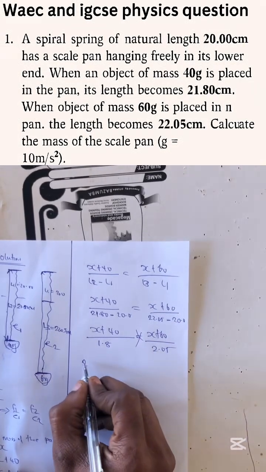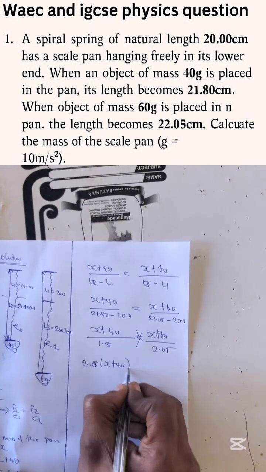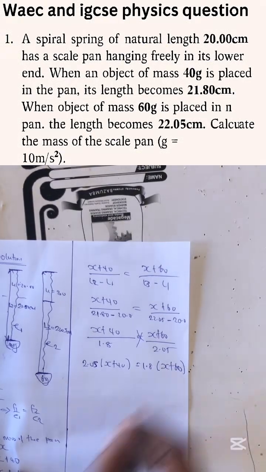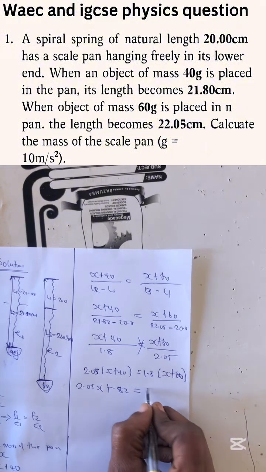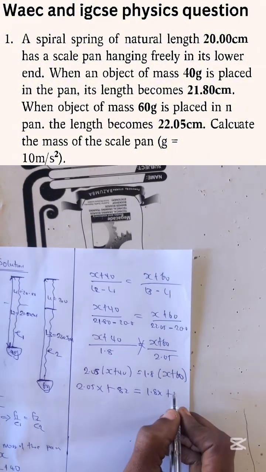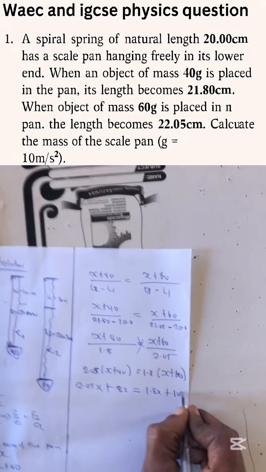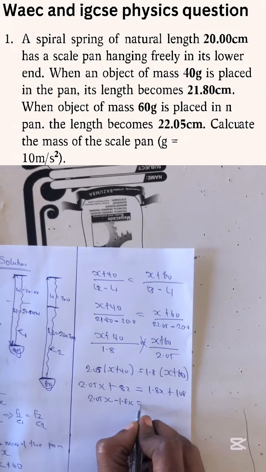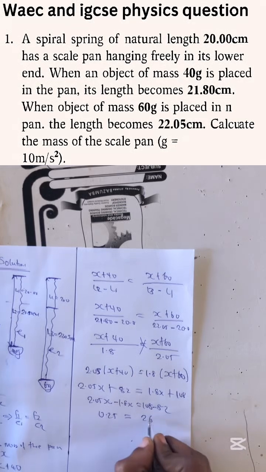Then you can cross multiply: 2.05 times X plus 40 equals 1.8 times X plus 60. That gives 2.05X plus 82 equals 1.8X plus 108. Collect like terms: 2.05X minus 1.8X equals 108 minus 82, so 0.25X equals 26.